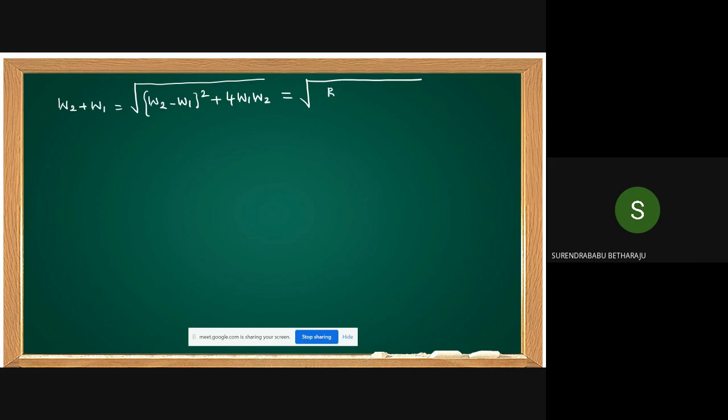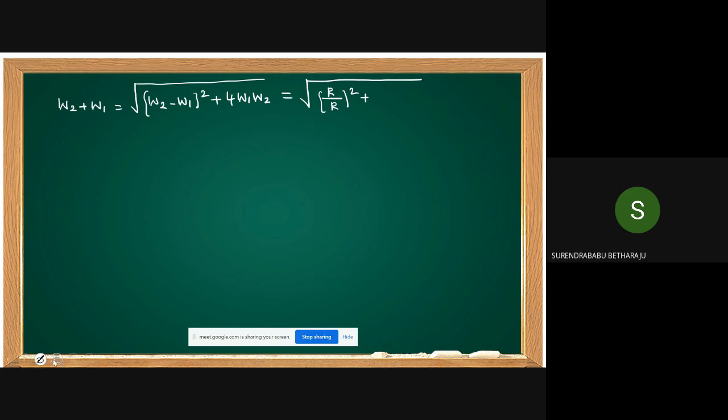Then what is omega 2 minus omega 1? R by L. I calculated R by L, whole square. What is omega 1 into omega 2? Omega 1 into omega 2 equal to 1 by LC.